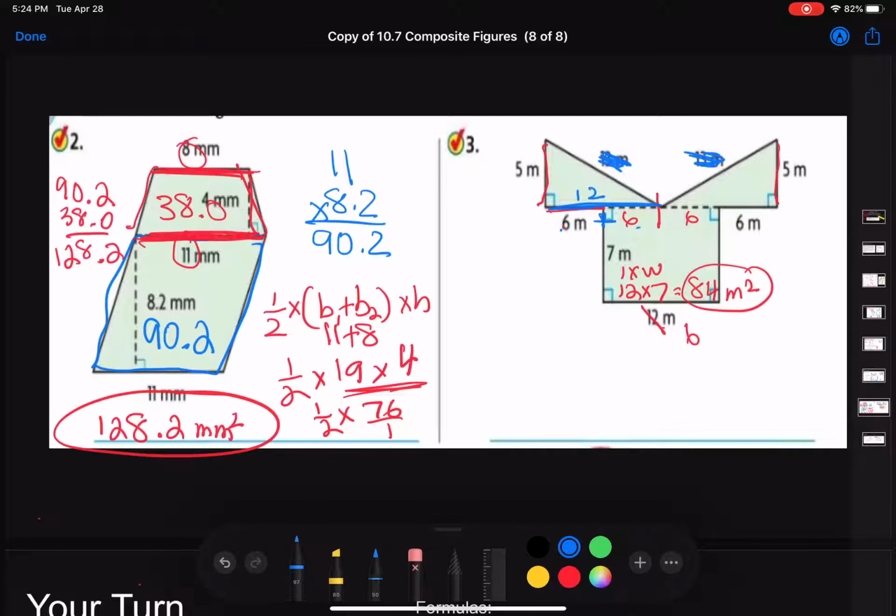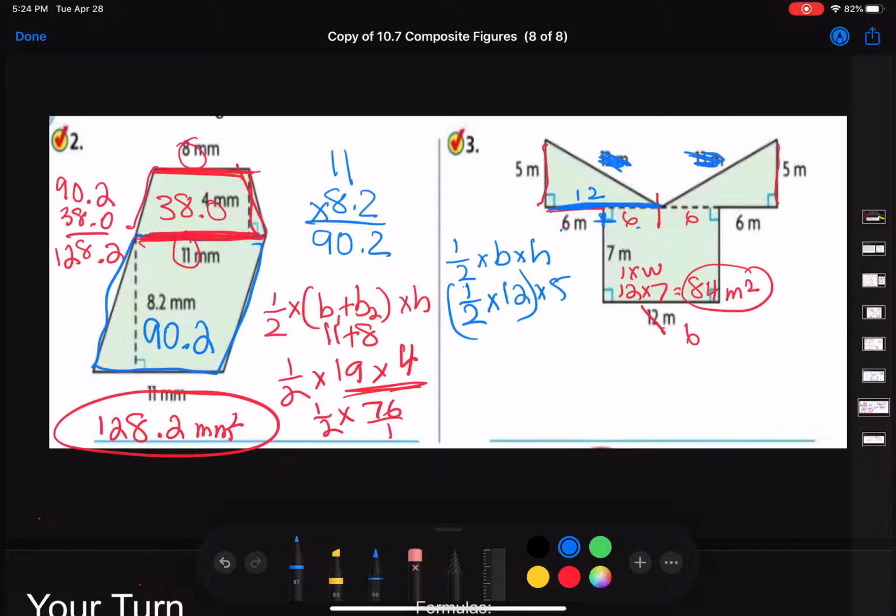Okay, so now we would need to figure out the area of our triangle. So it's going to be 1/2 times base times height. Okay, so our base is 12, our height is 5. So 1/2 times 12 times 5. So honestly, what I would do is simplify the 1/2 times 12.